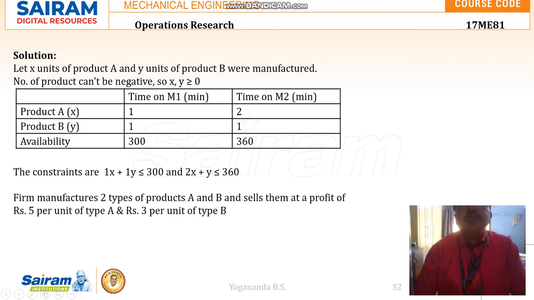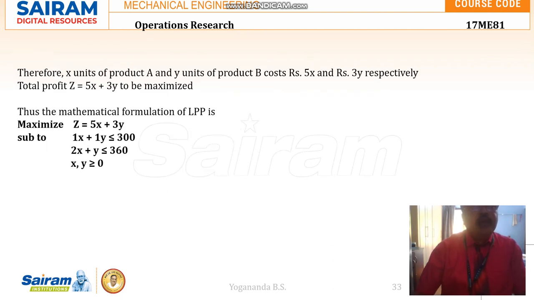The firm is going to manufacture two types of products A and B, and sells them at a profit of 5 rupees per unit of type A. That is, by selling 1 unit of A, 5 rupees is the profit, and selling 1 unit of B, 3 rupees is the profit. If x number of units of product A are produced, the profit obtained is 5x.